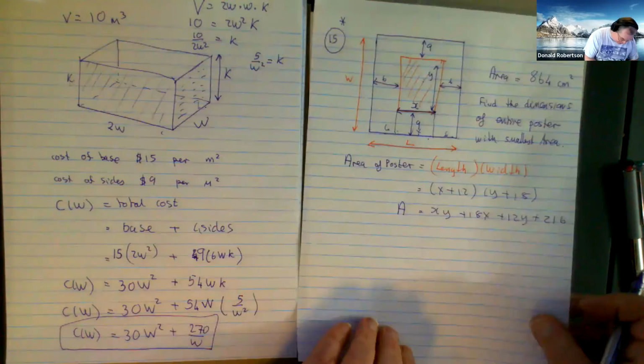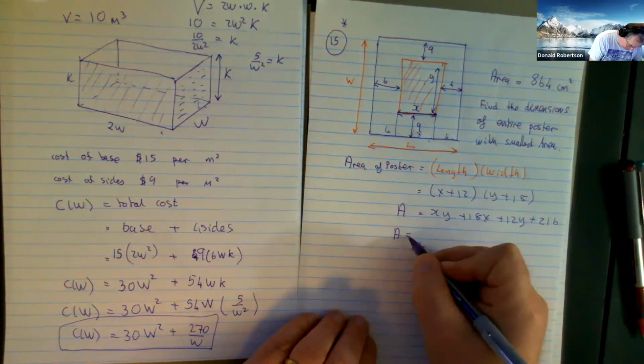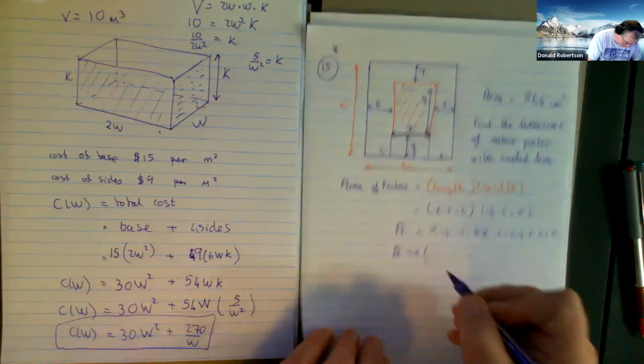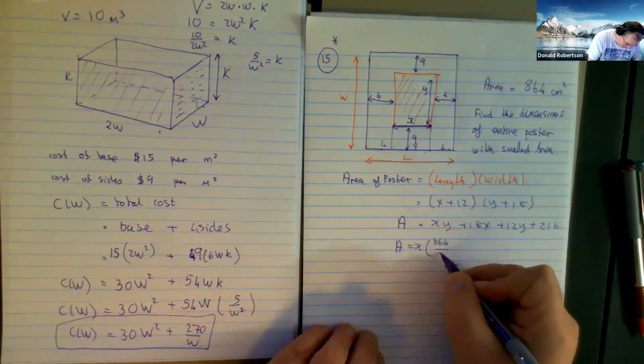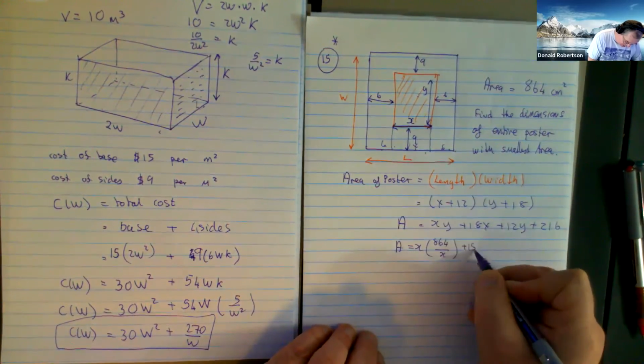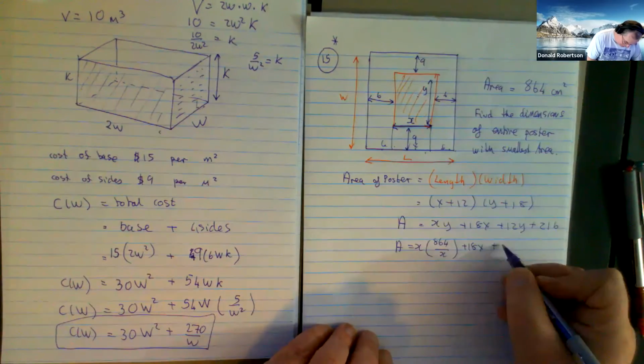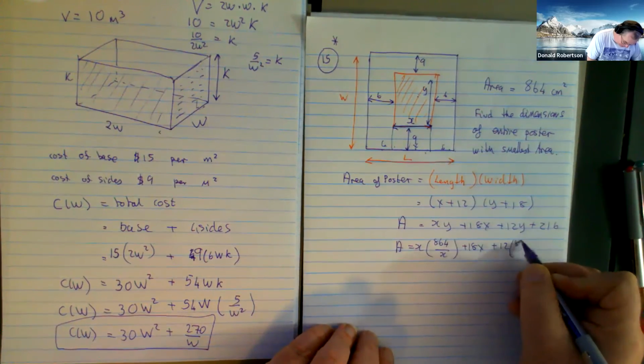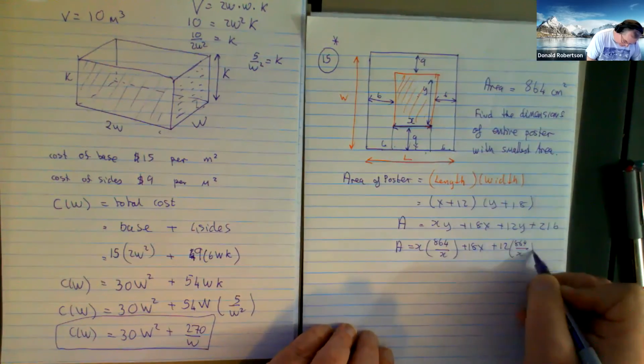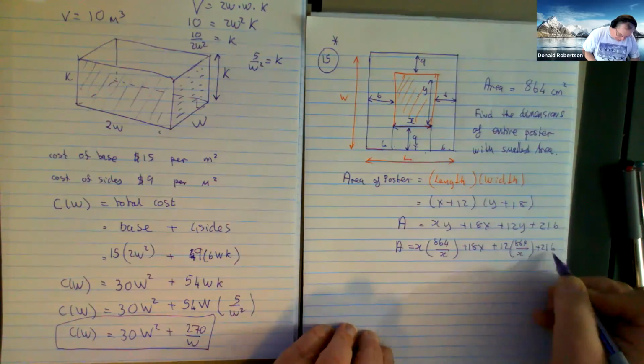So I'll return here, and it's now going to be x times 864 over x plus 18x plus 12 times 864 over x plus 216.